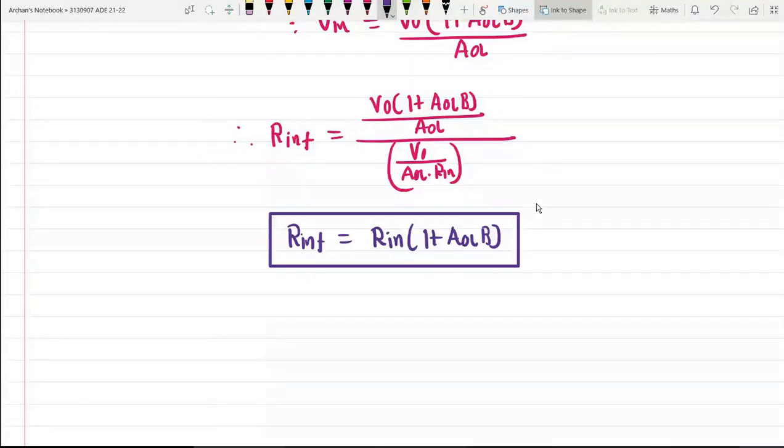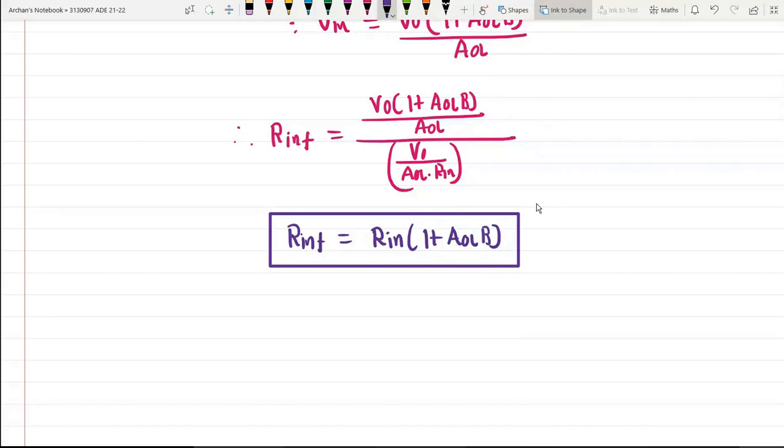We should have a very large input resistance to avoid the loading effect at the input terminals of the operational amplifier, and that is what we get when we provide negative feedback to the non-inverting amplifier. So this is advantageous, like in the case of the inverting amplifier.